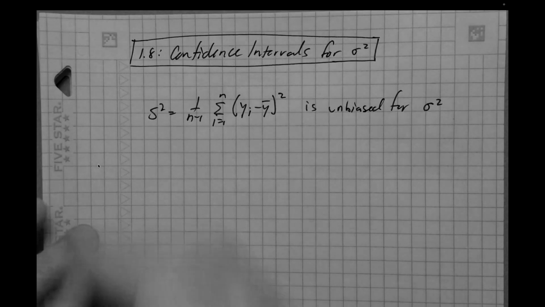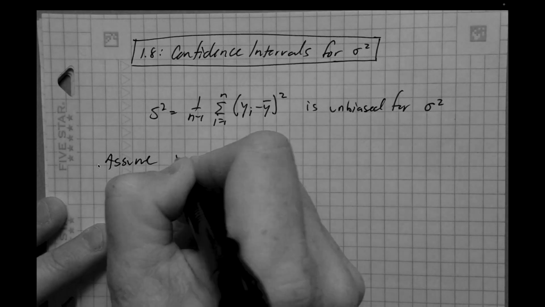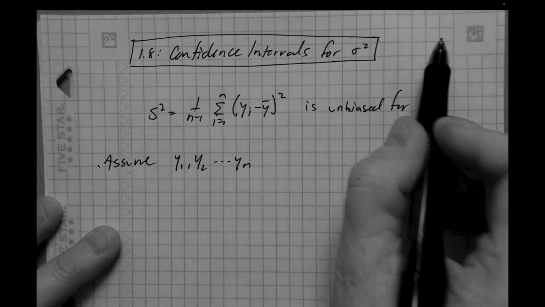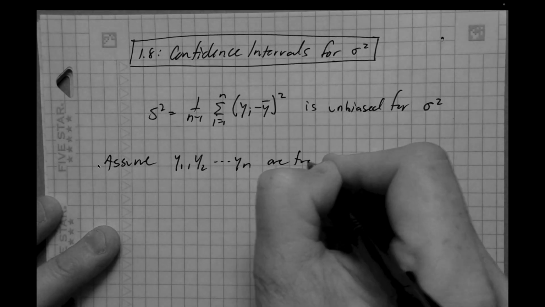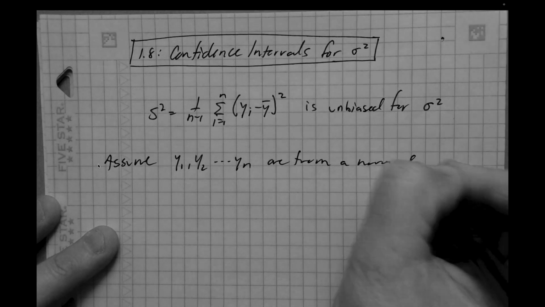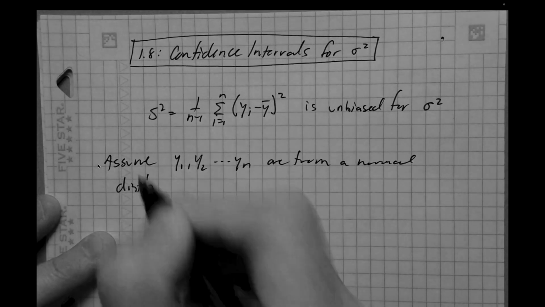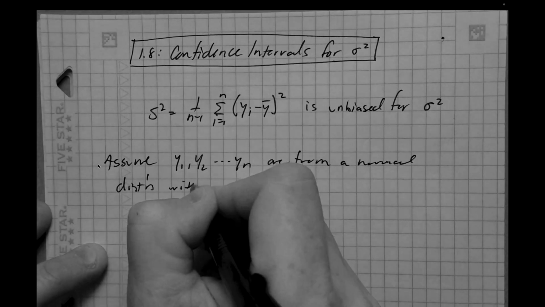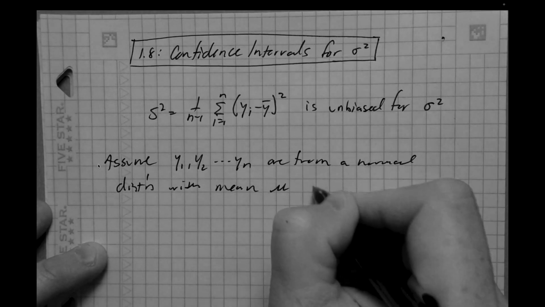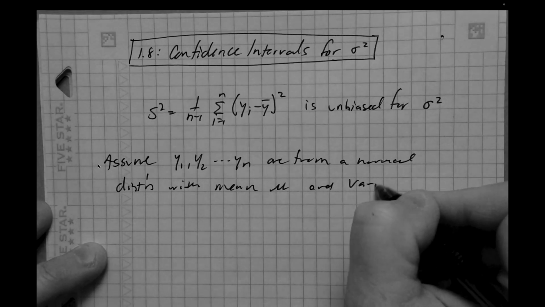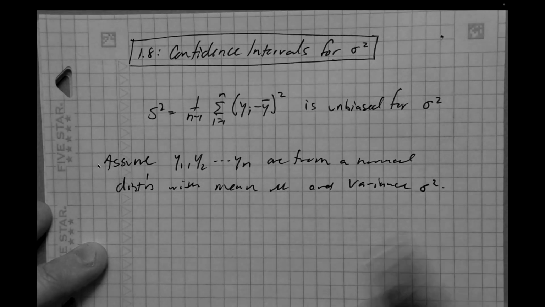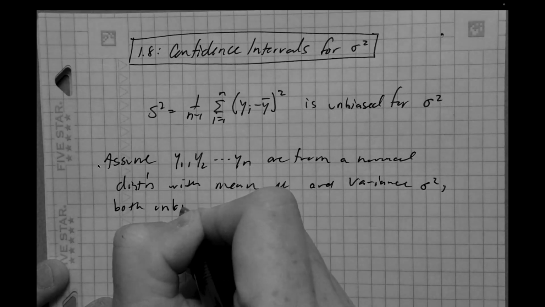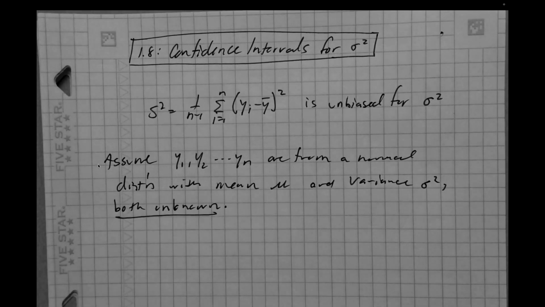Well, let's start by assuming y1, y2, ..., yn are random variables from a normal distribution with mean mu and variance sigma squared, both unknown. Important. We don't know what they are.